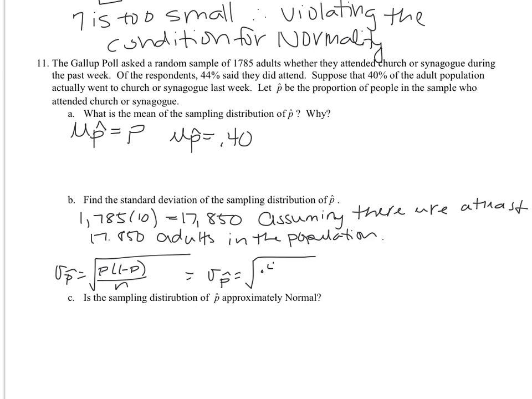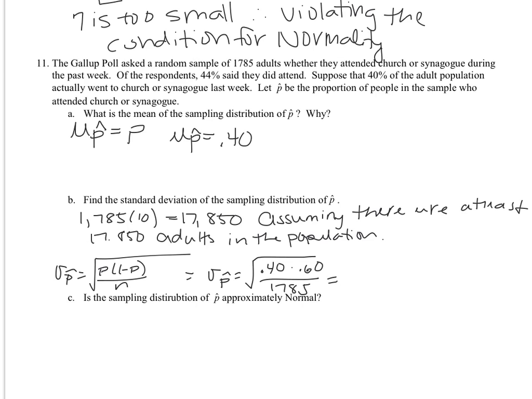So I'm going to use the 0.40 number because that is the number from the population. So don't get confused with the 0.44 number, which is the number from the sample. So we want from the population times 0.6, because that's 1 minus 0.4, over n, which is 1,785.